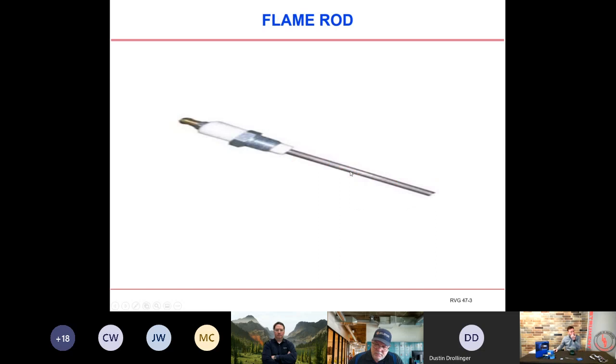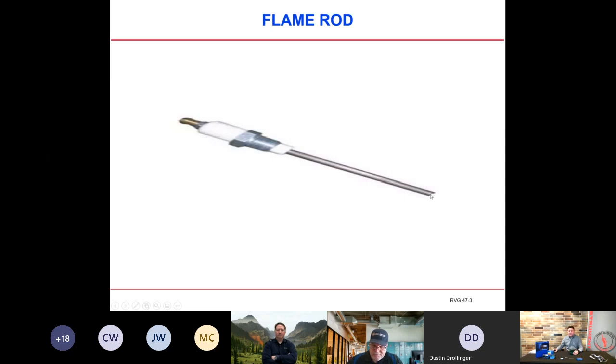First of all, the flame rod itself. Let's talk about some of the components that make up a flame rod. First of all, you have the rod itself. The rod can withstand temperatures in excess of 2,000 degrees, 2,200 degrees. So it's pretty robust, and it's just a solid rod. A lot of times, customers or people that are actually applying this flame rod think it's a conductor of heat, and it's not.